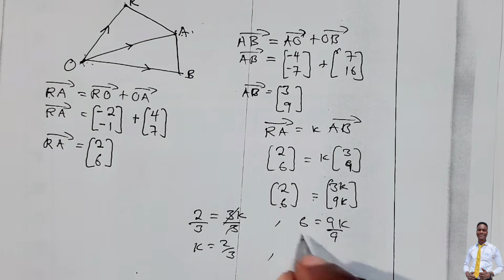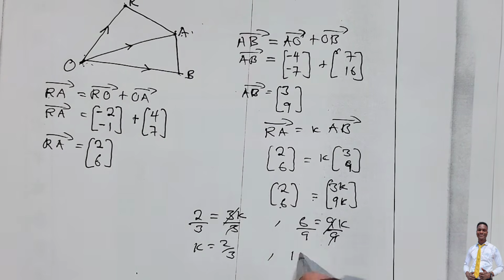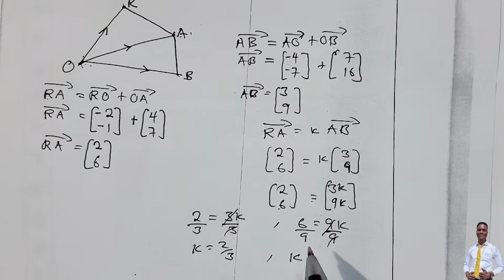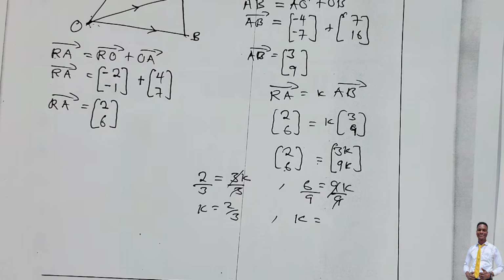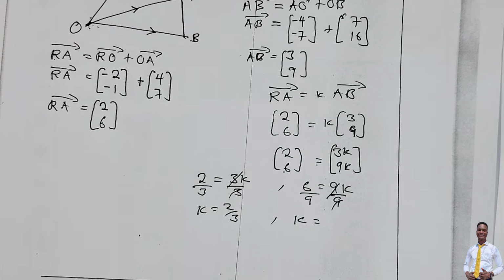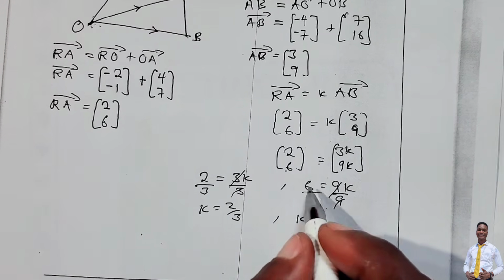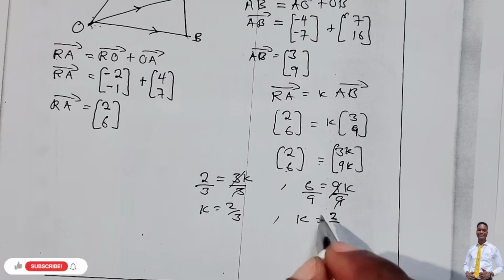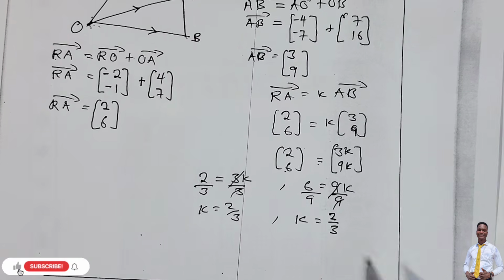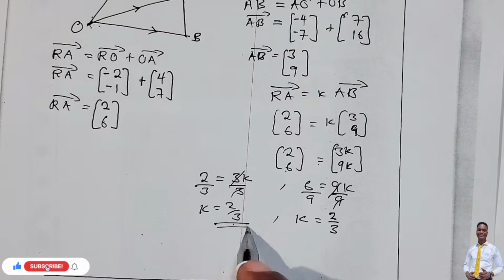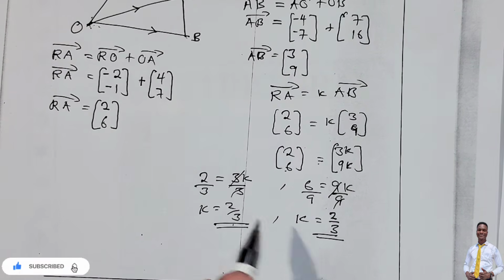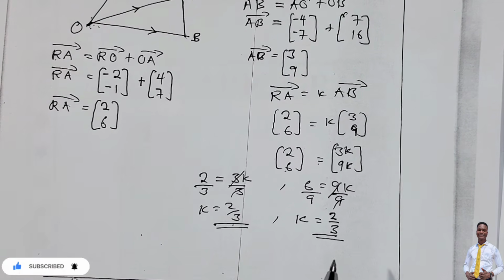Divide by 9: K is equal to 6 over 9. This can be reduced because 3 goes into both 6 and 9: 3 into 6 is 2, 3 into 9 is 3. So we have 2 over 3 as the scalar factor.